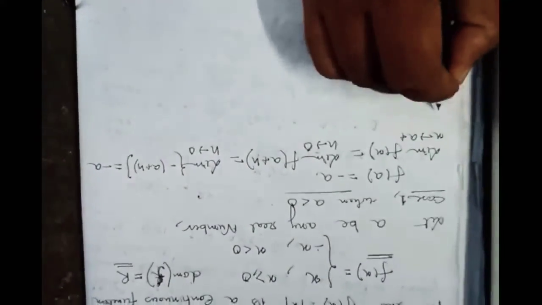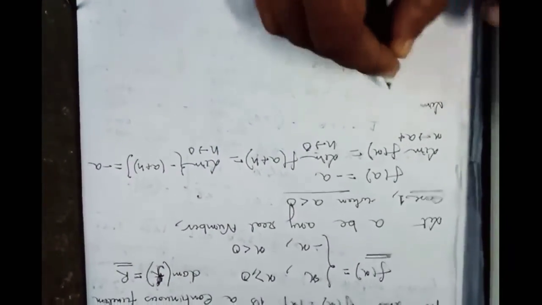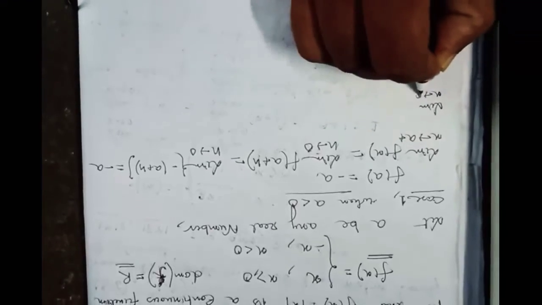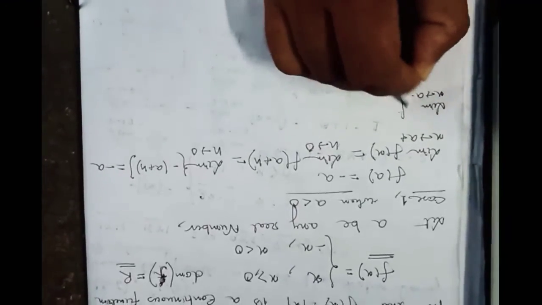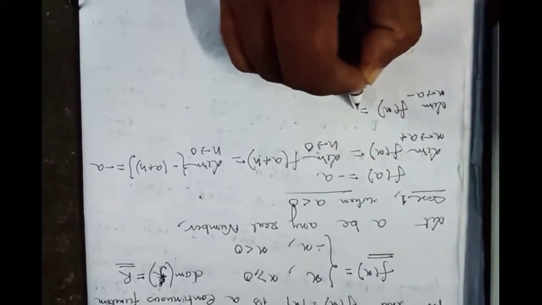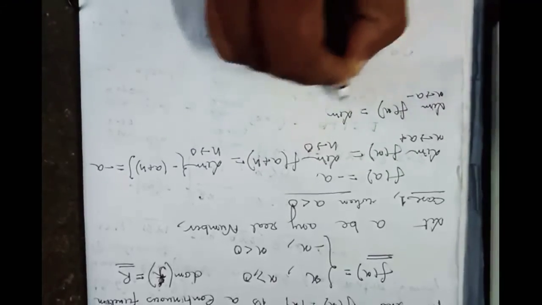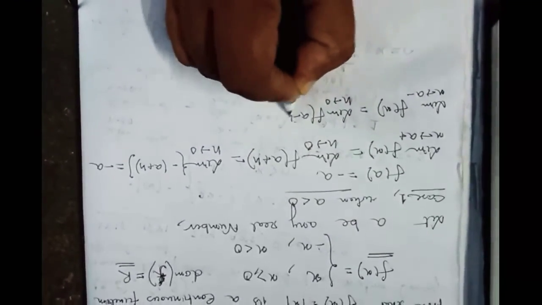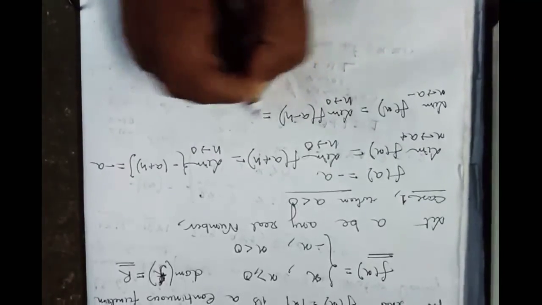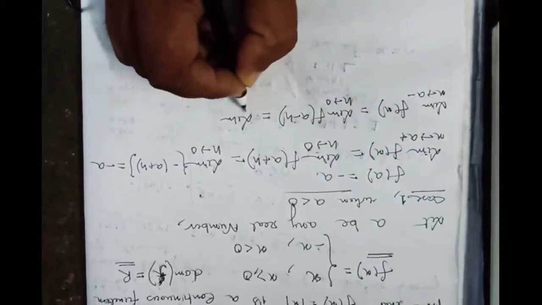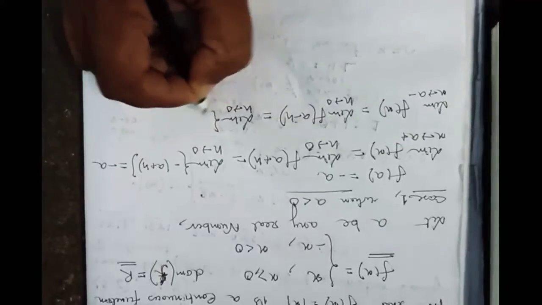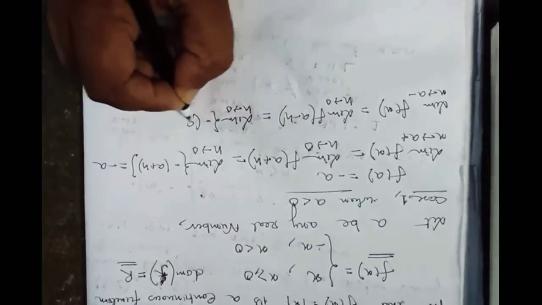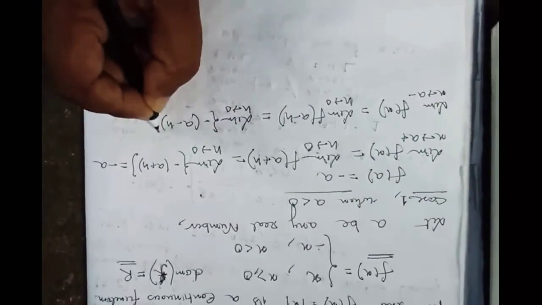Again limit x tends to a minus f(x) equals limit h tends to 0 f of a minus h, that equals limit h tends to 0 minus of a minus h, that equals minus a.